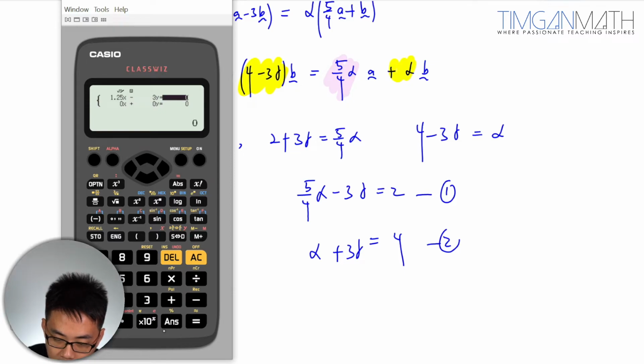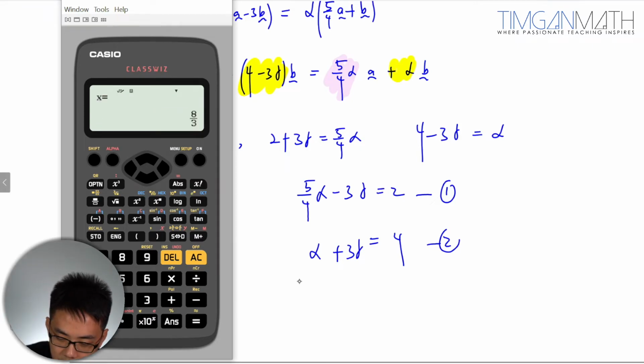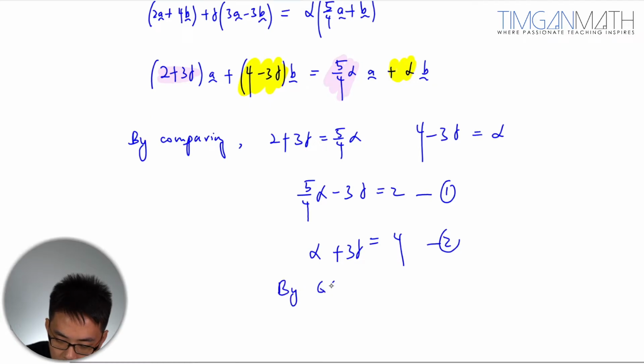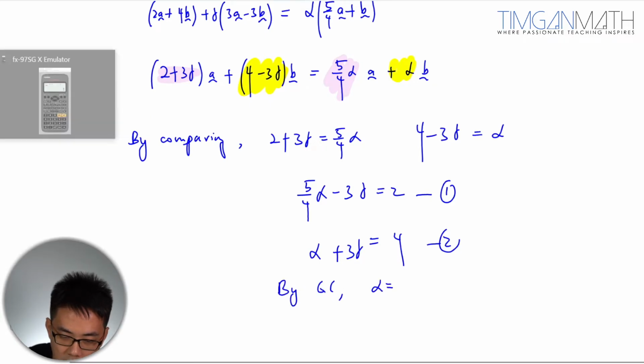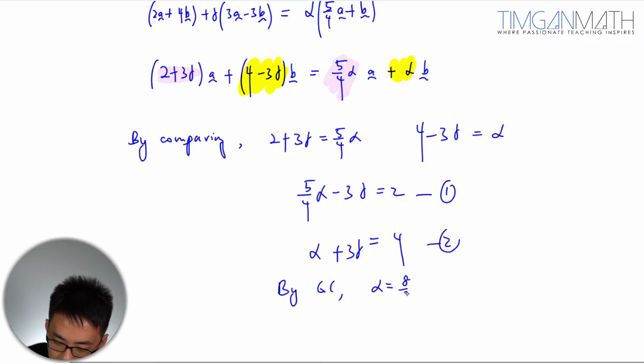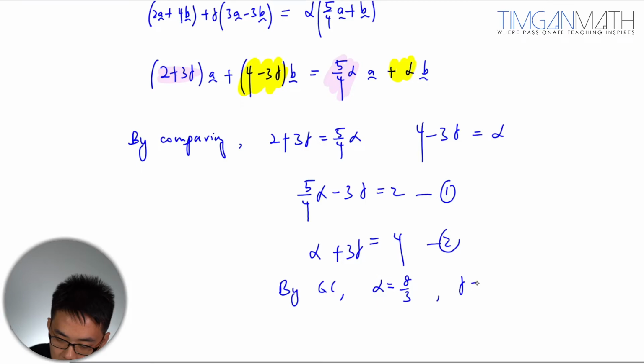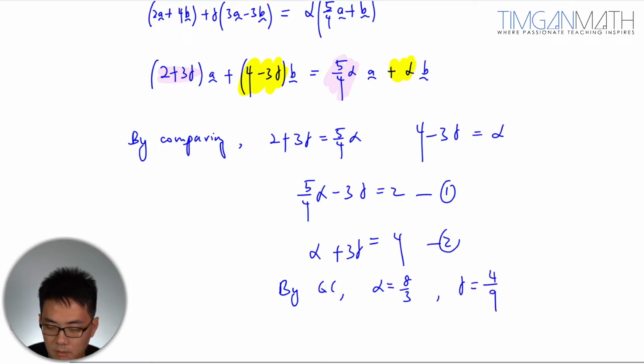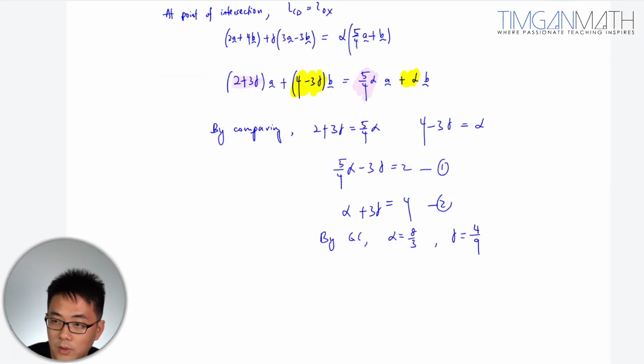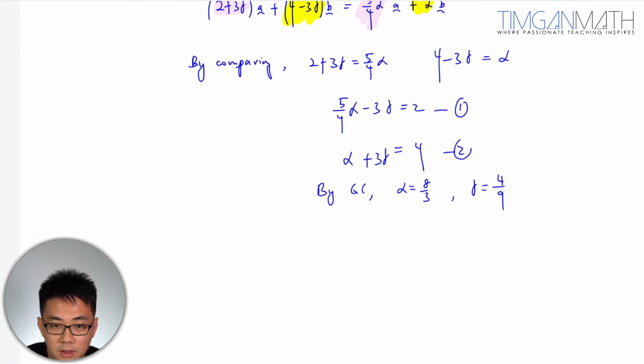So -3, 2, 1, 3, 4. Alpha is 8/3 and gamma is, so once done, what we can do is actually just find what's OY.